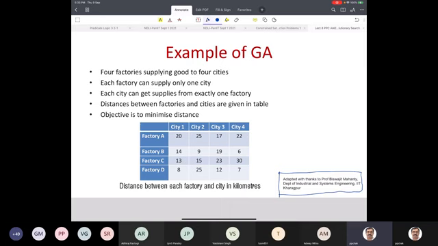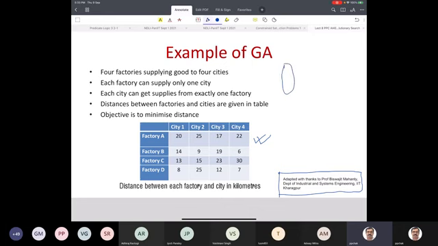The distance between the factories and cities is given in this table. The objective is to minimize the distance. This is like our traveling salesman problem, but a slightly different variation: a supply assignment problem, not a tour problem.